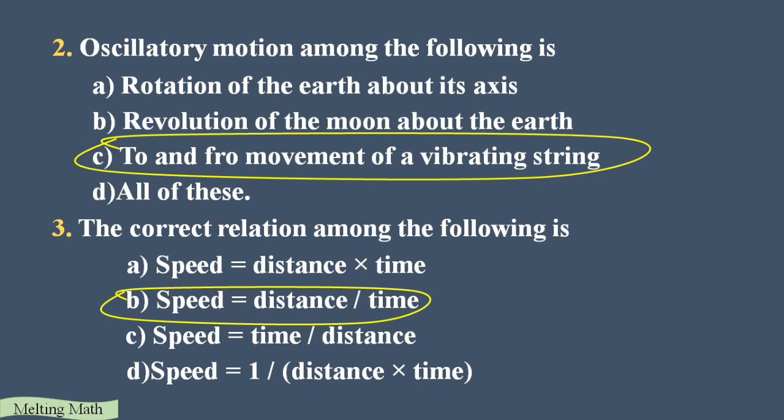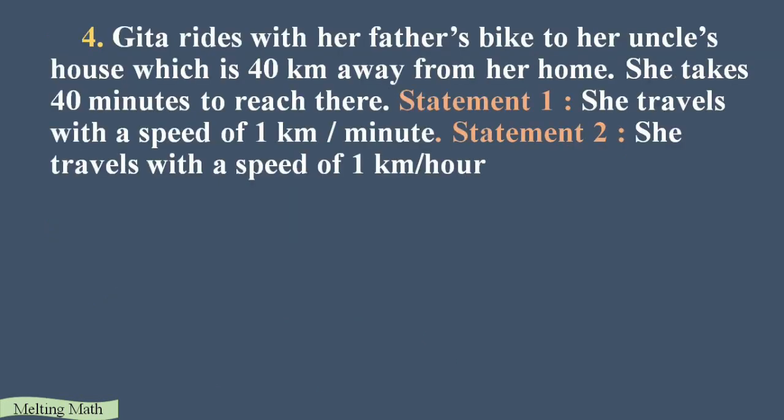Okay. Next, question 4. Geeta rides with her father's bike to her uncle's house, which is 40 km away from her home. She takes 40 minutes to reach there. So the time duration for reaching her uncle's home is 40 minutes, and the distance covered is 40 kilometers.